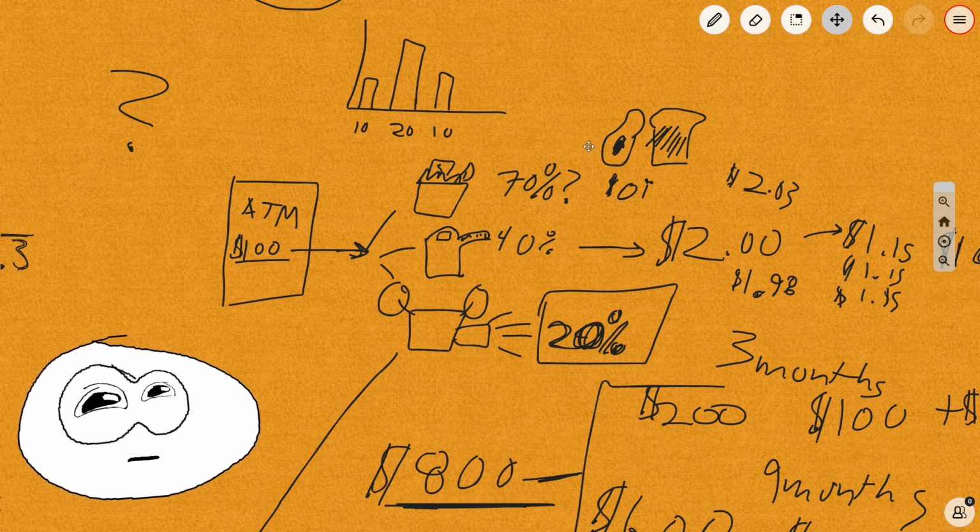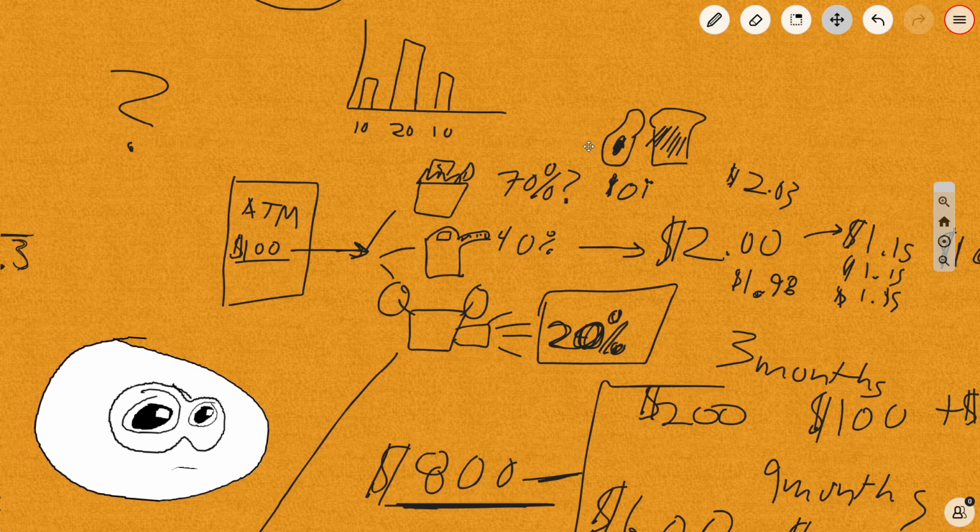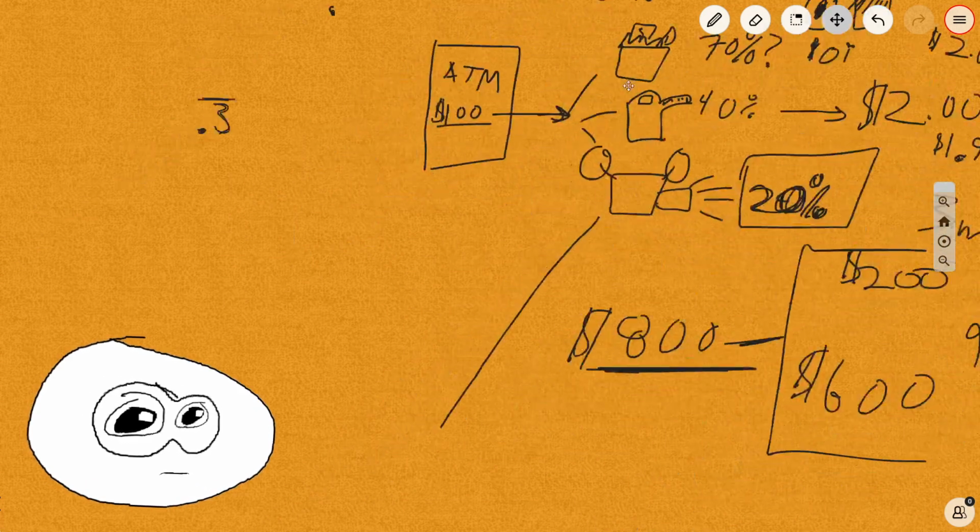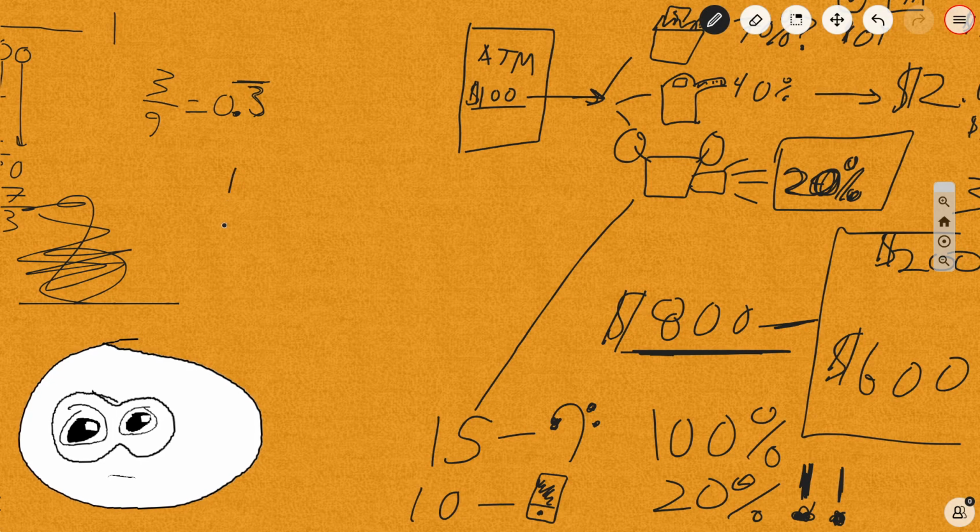And there's also ways in which you can calculate, well, what is disposable income, right? So you have your money.